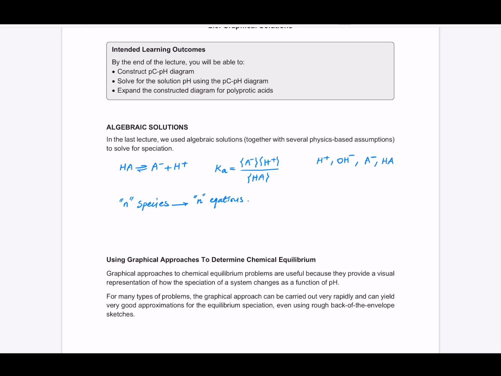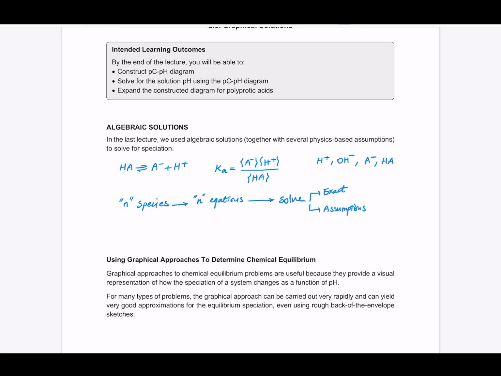Then we used some mathematical operations to solve this, and most of the time it was a non-linear equation. So we could solve it using software or some mathematical operation to get an exact solution, or we could use some assumptions in order to simplify this non-linear equation, for example a quadratic equation, to just a linear equation.